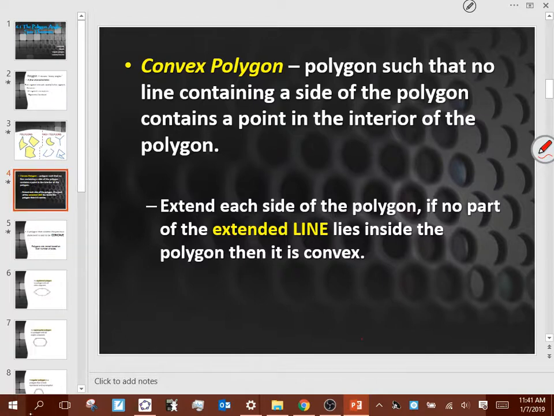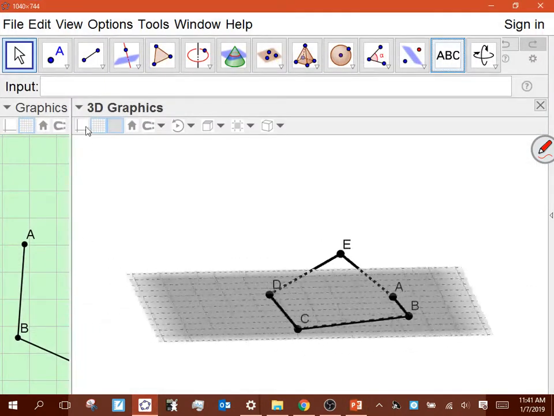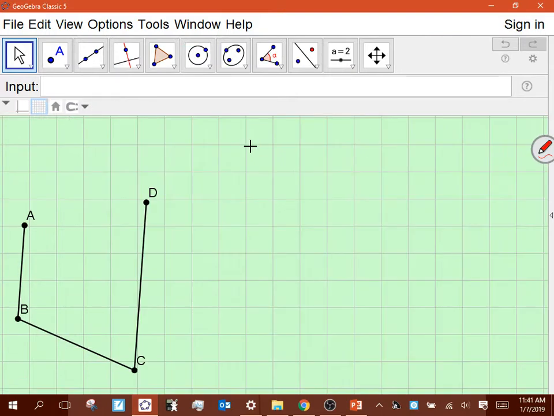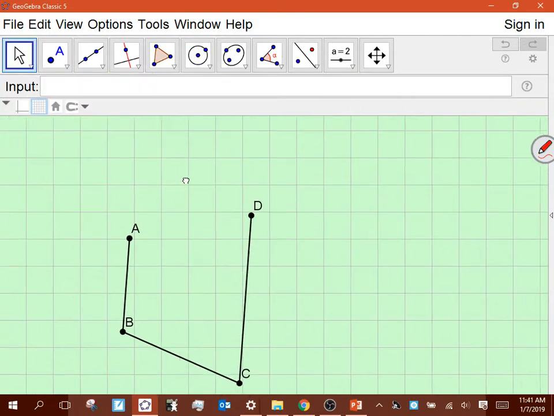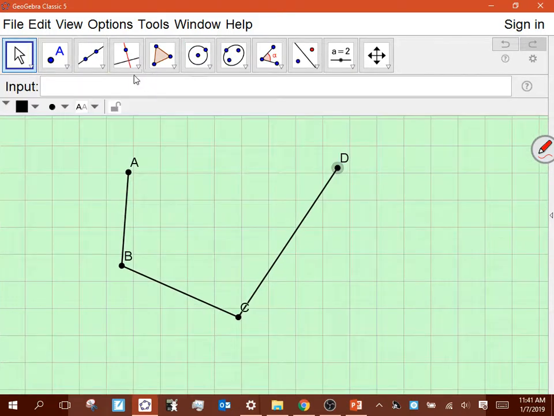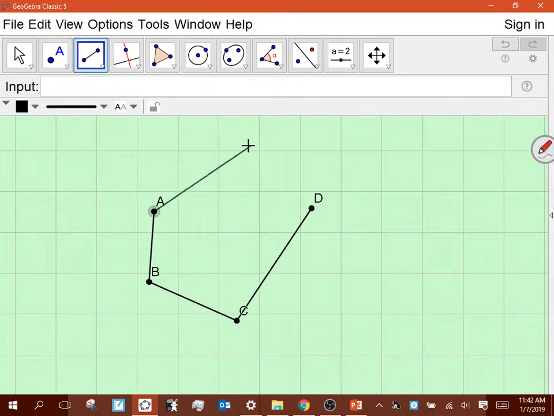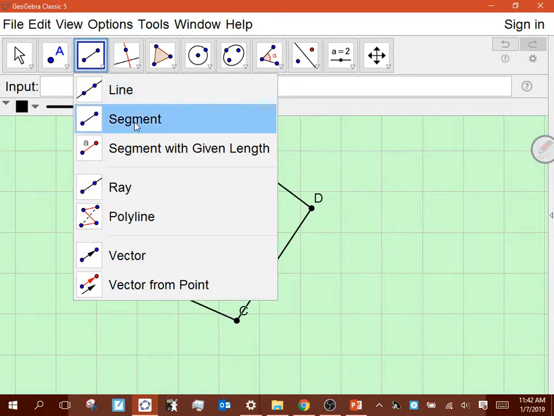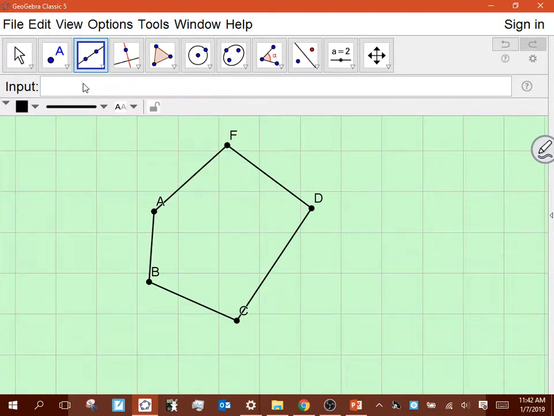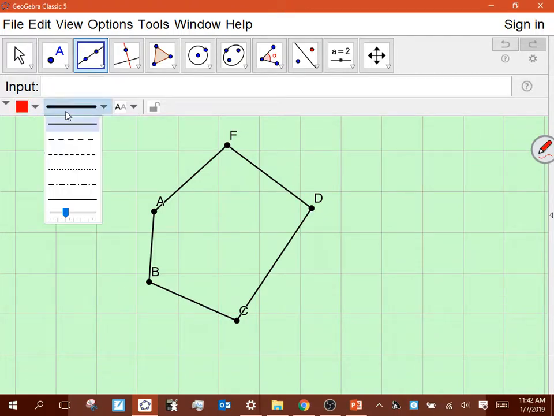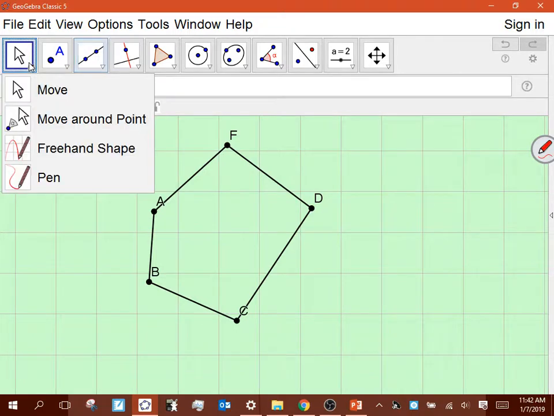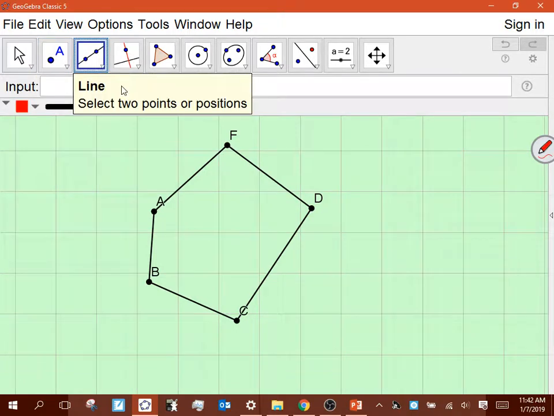So, I'm just going to jump to GeoGebra real quick and show you a couple examples of things that are convex. All right, so what you end up doing is you take just any line. Okay, I choose a segment of my polygon.